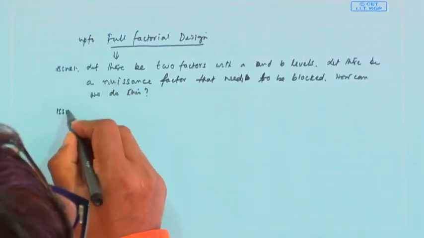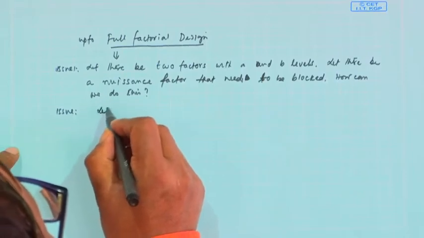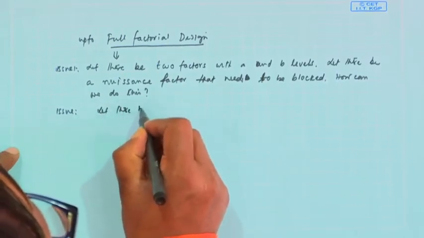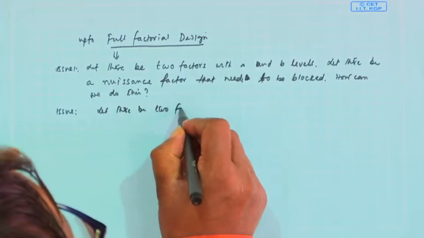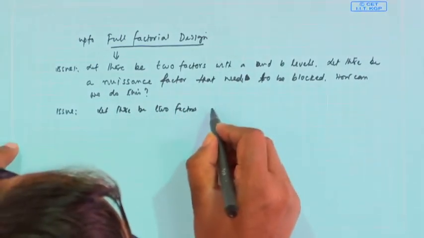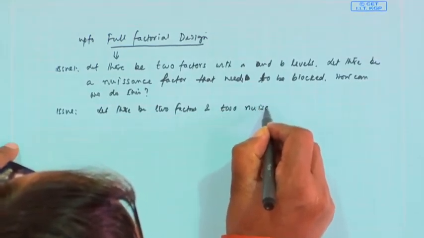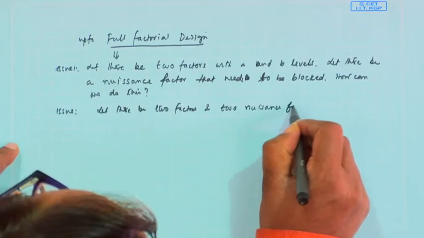Second issue is, let there be two factors which are controllable and two nuisance factors.